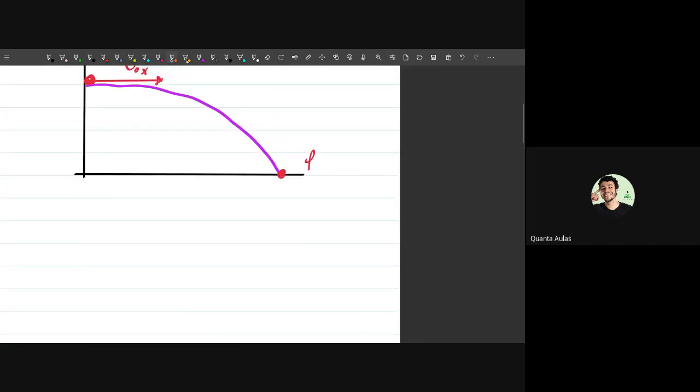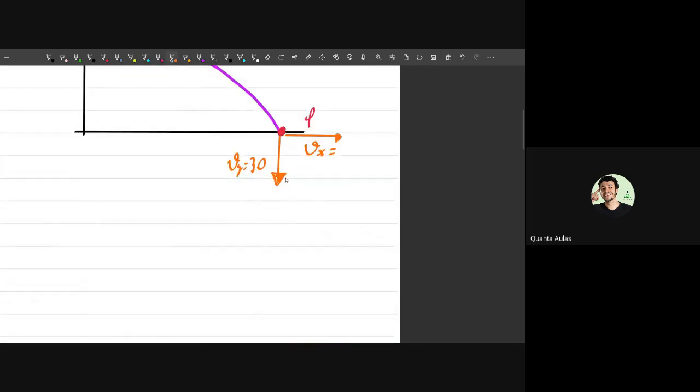So here we have a velocity down and another velocity to the right. Here is our 30, and here is our 15. Minus 30.